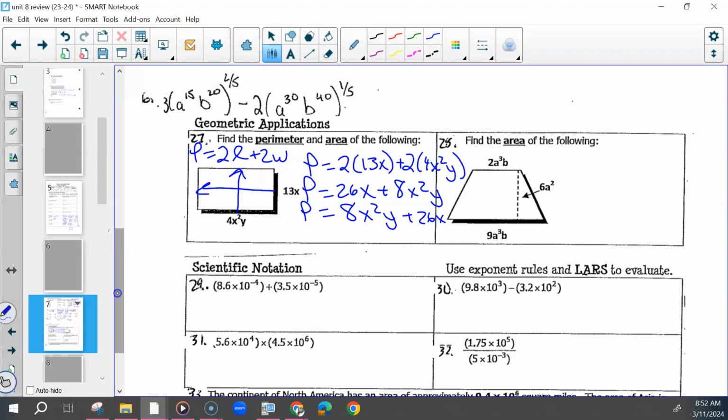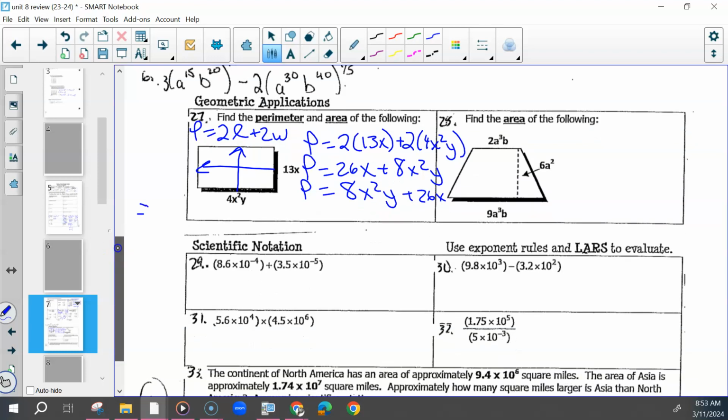For area, we are multiplying. So that would be area equals 13x times 4x squared y. Multiply the actual numbers, which is 13 times 4.